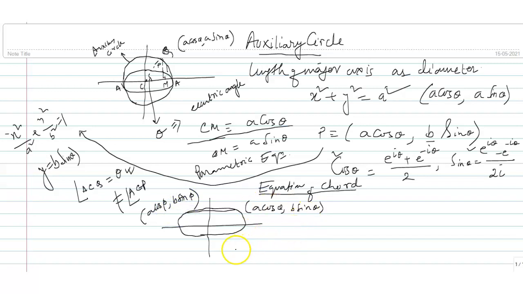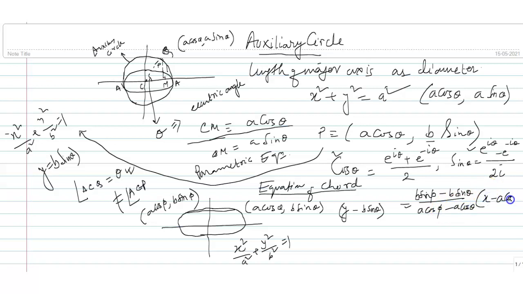If the equation of the ellipse is x square over a square plus y square over b square equals 1, then in normal two-point form it will be y minus b sin theta equals (b sin phi minus b sin theta) over (a cos phi minus a cos theta) into (x minus a cos theta).